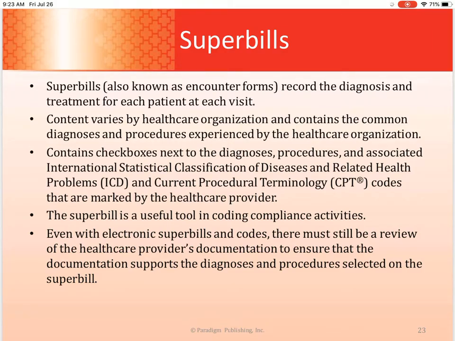Your super bill for a pediatric clinic is not going to be the same as your super bill for an orthopedic clinic. They're going to have different diagnoses, and so it contains check boxes next to the diagnoses, procedures, and associated International Statistical Classification of Diseases and Related Health Problems codes, and your Current Procedural Terminology codes that are marked by the healthcare provider.